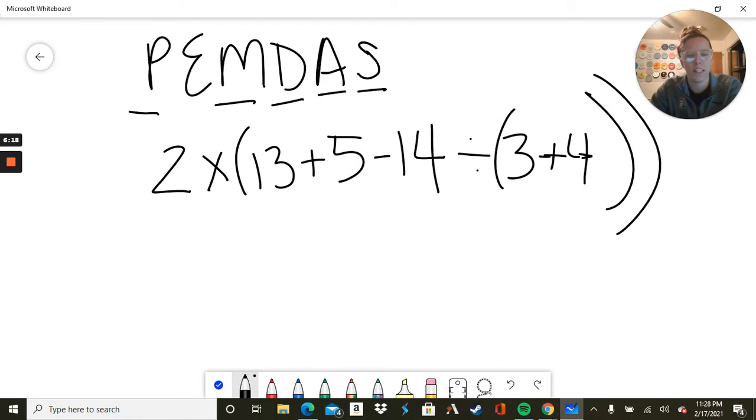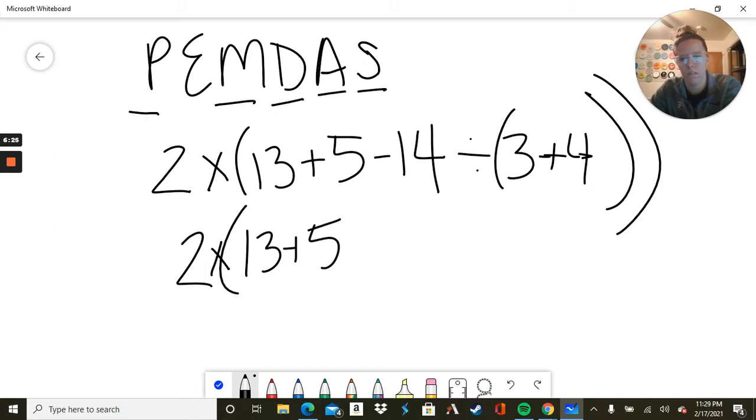So first we go to our parentheses and we have a second set of parentheses. So we do that first. 3 plus 4 is 7. So then those parentheses are going to go away. Okay, next. Division is in our parentheses. 14 divided by 7 is 2.